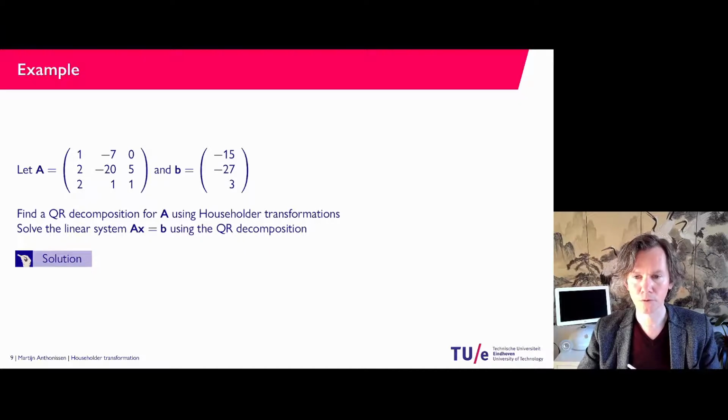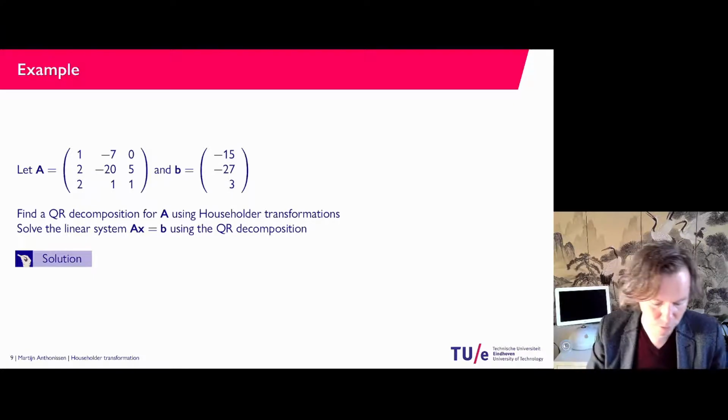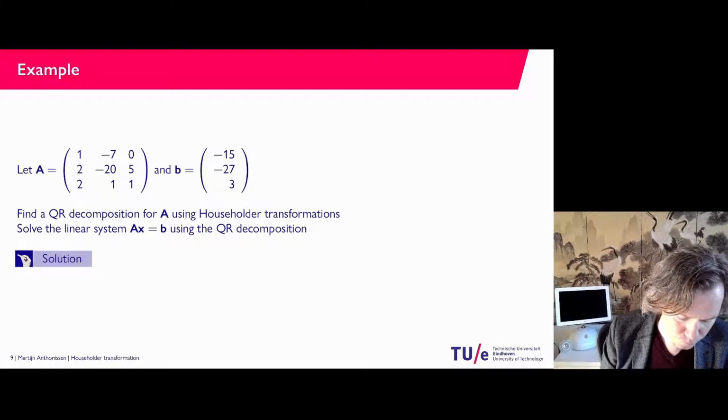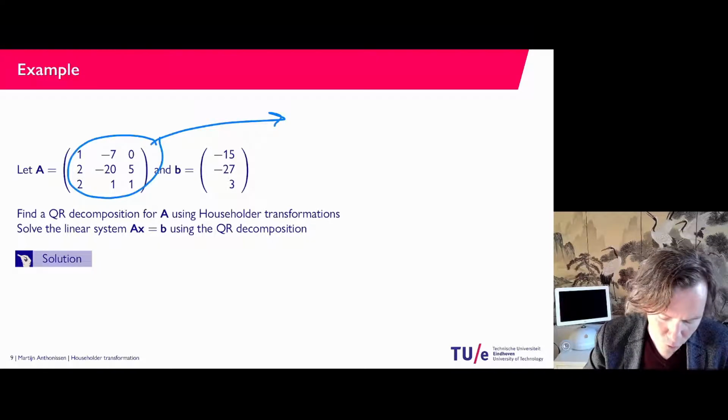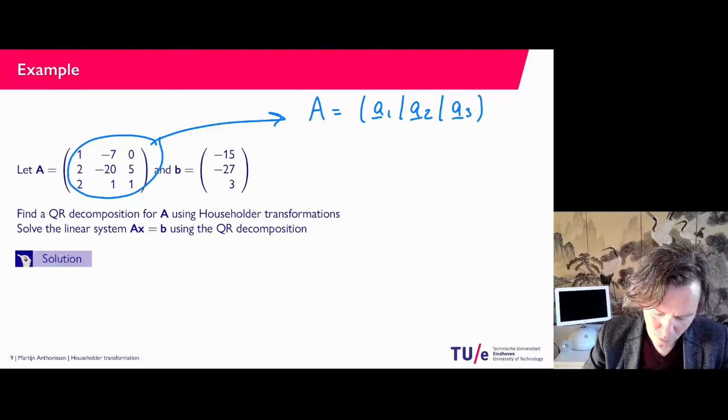So what I'm going to do is write my matrix here. A is A1, A2, A3. So A1 is the first column, which is 1, 2, 2.